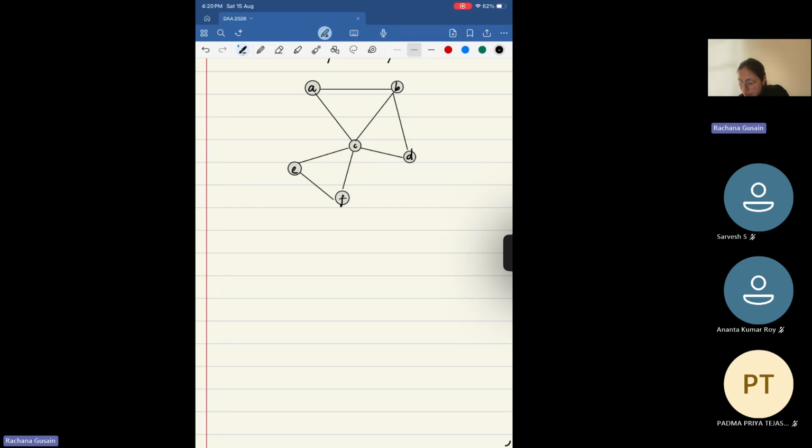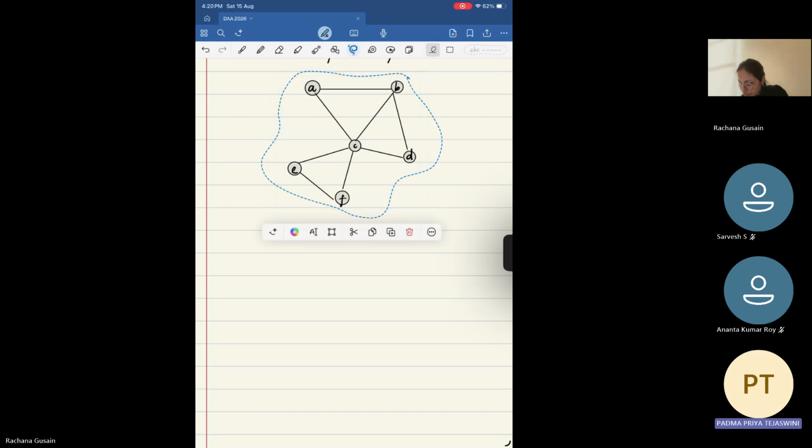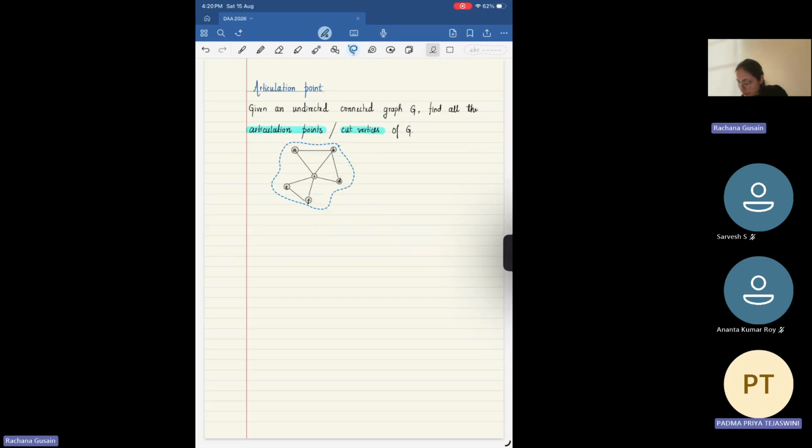If I remove C, A, B, D, and E, F get disconnected. So when I remove C, I have to delete all the edges which are incident on C, and now your graph is disconnected.